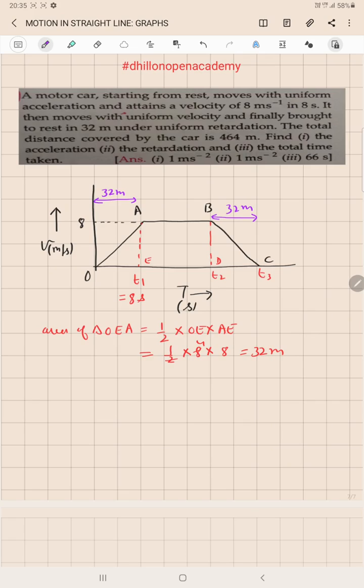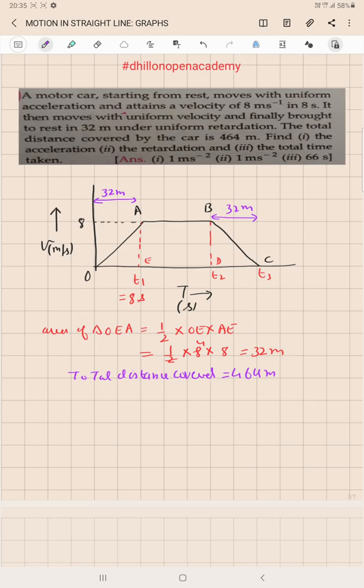Now total distance covered is equal to 464 meter. From O to A, distance covered is 32 meter, B to C, distance covered is 32 meter.